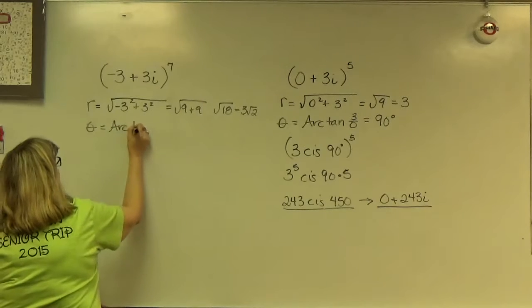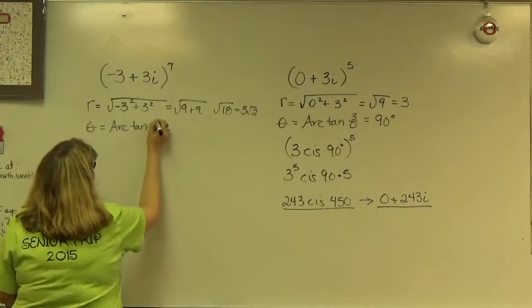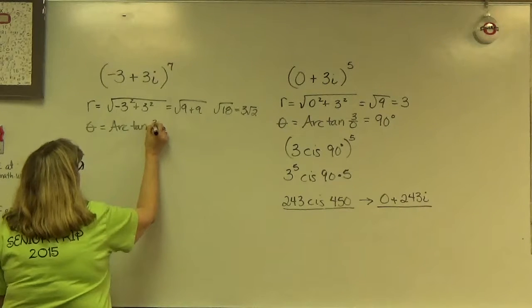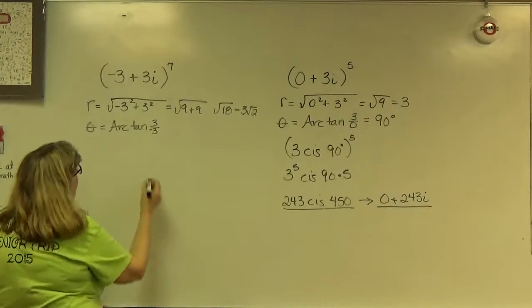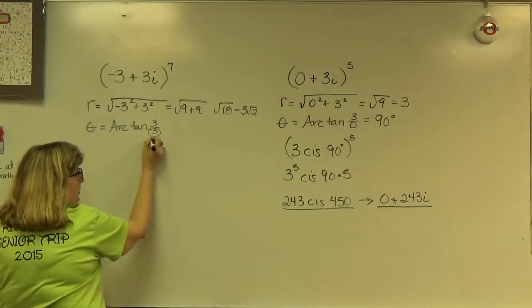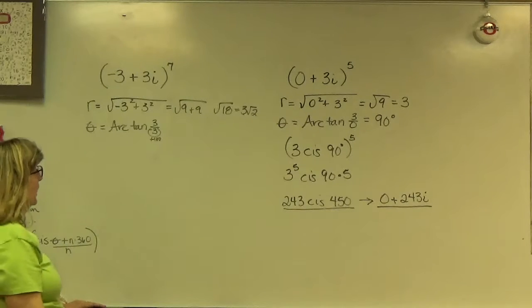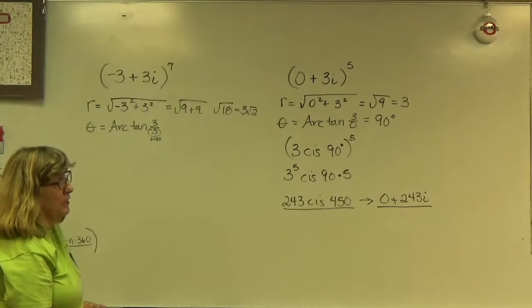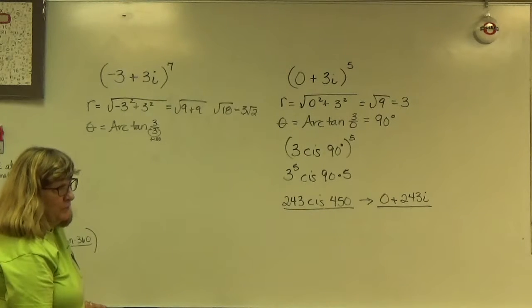Our tan of negative 3 over 3, which is negative 1. And since a is negative, we have to remember to add 180 when you do your arctangent. So on your calculator, arctangent of 3 divided by negative 3, and then add 180, so I think you should be at 135.